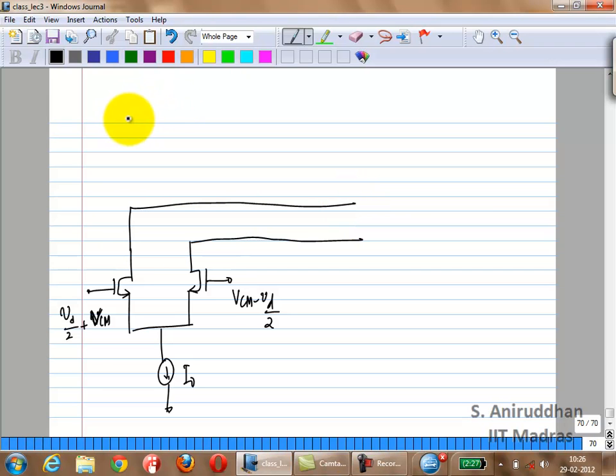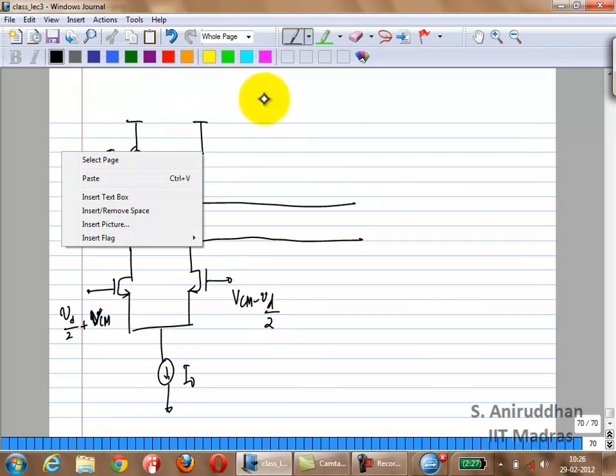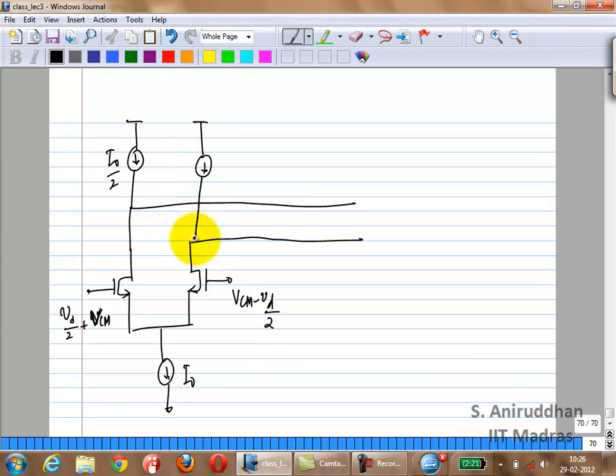So let us say we add the current sources I0 over 2 on both sides. Okay. So what is the current flowing here? I0 by 2 plus GMVID by 2. On the other side, you have I0 over 2 minus GMVID by 2.